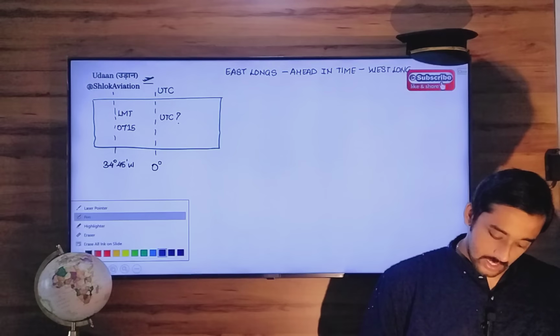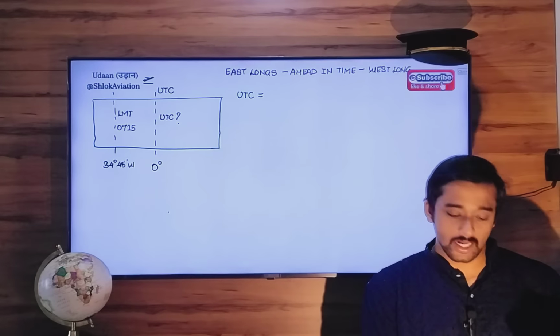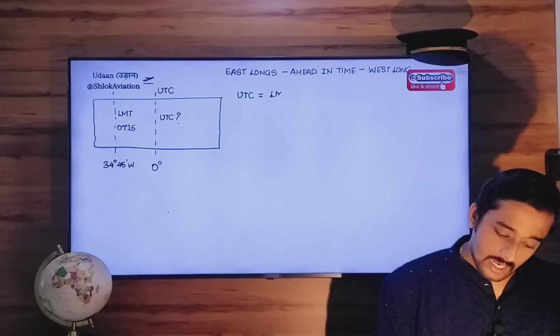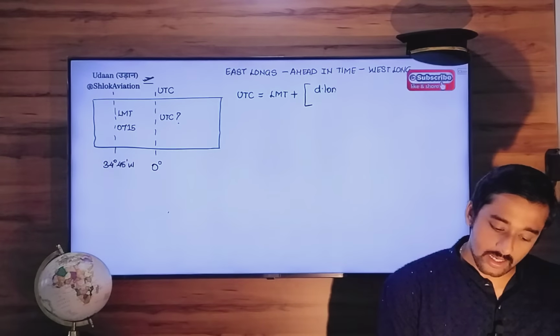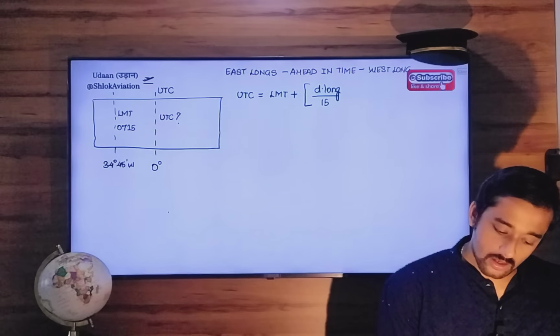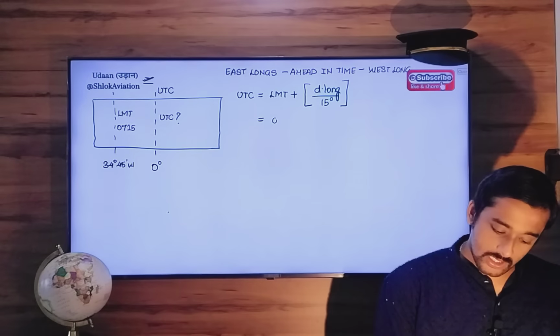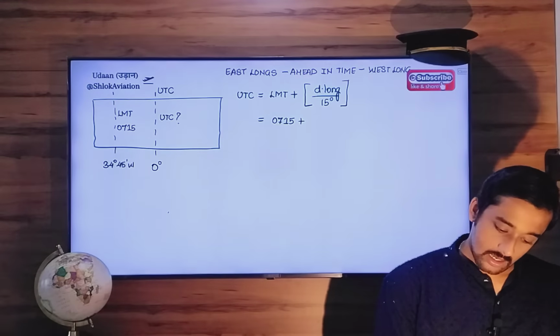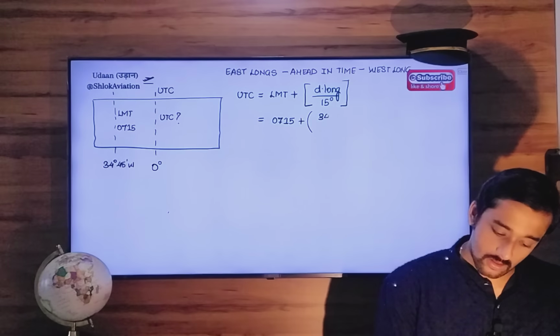So the answer is that UTC time will be running ahead of LMT time. UTC is LMT plus the difference between the timings at these two longitudes. So 0715 plus d long. What is the d long? 34 degrees 45 minutes divided by 15 degrees.